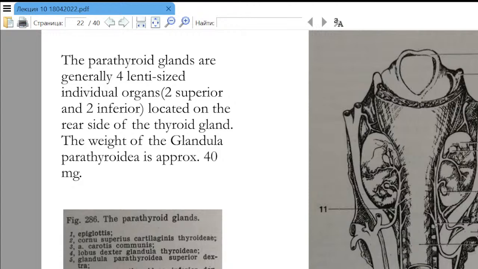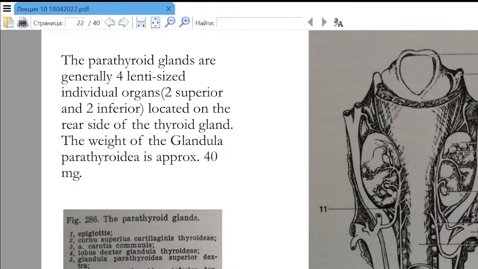The parathyroid glands, these four glands, are generally four lentil-sized individual organs, two superior and two inferior, located on the rear side of the thyroid gland. The weight of a parathyroid gland is approximately 40 milligrams.